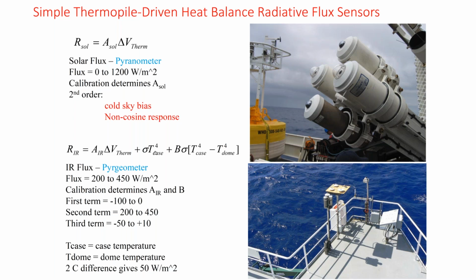So you have to add in the sigma T to the fourth. And there's also this third term here, which is a dome heating thing, which has a second coefficient B, which is on the order of 3. And so that can represent as much as a 50-watt error.